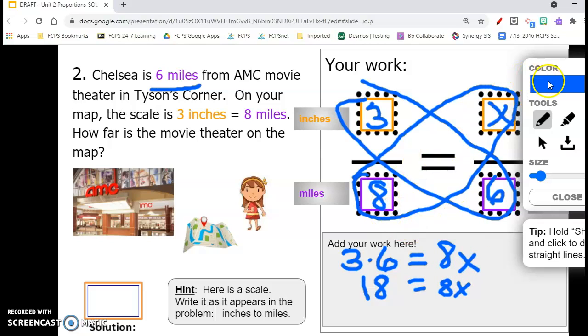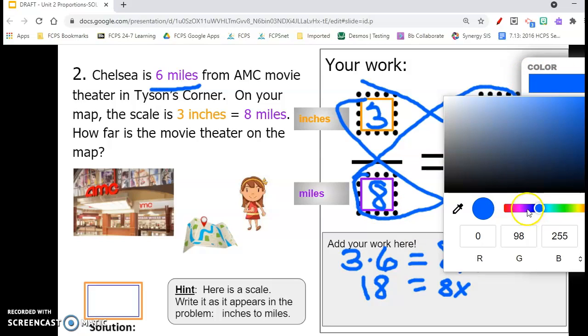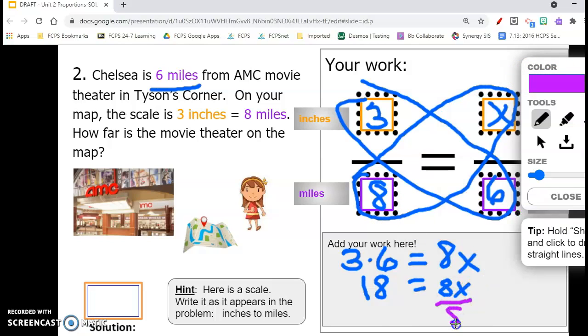Remember, I want to always divide by the coefficient. I want to solve what X is. So if I divide both sides by 8, we're going to use our calculator. 18 divided by 8 gives us 2.25. So how far is the movie theater on the map? It is 2.25 inches.